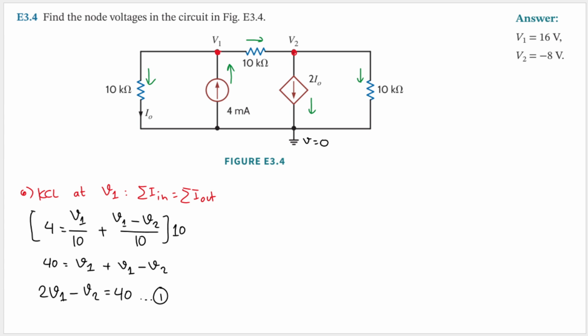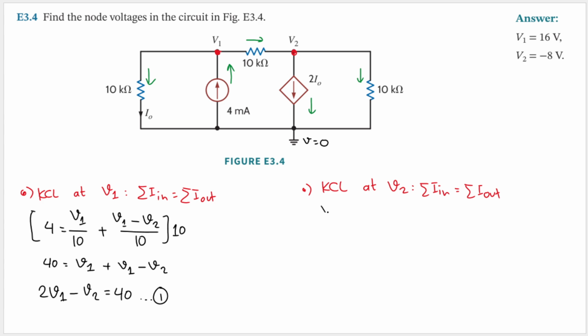Okay, now let's do another KCL, but this time at V2. Again, KCL says that the sum of the currents that go in is equal to the sum of the currents that go out. The only current that goes in is this one here.